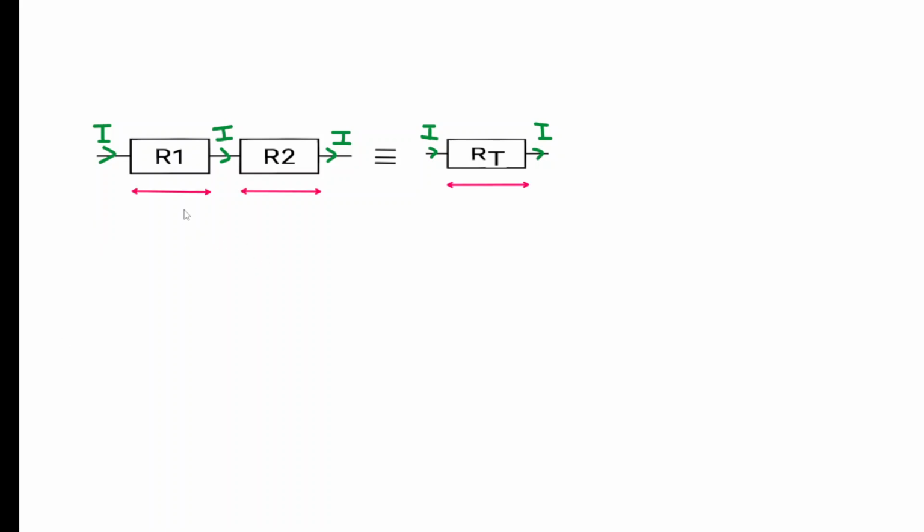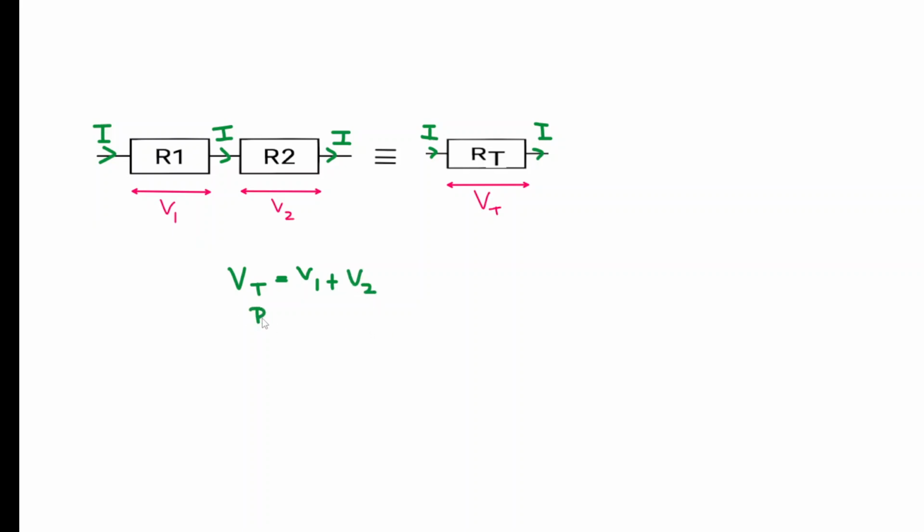So let's say the voltage across the first resistor R1 is V1, the voltage across this one is V2, and the total voltage is V total.